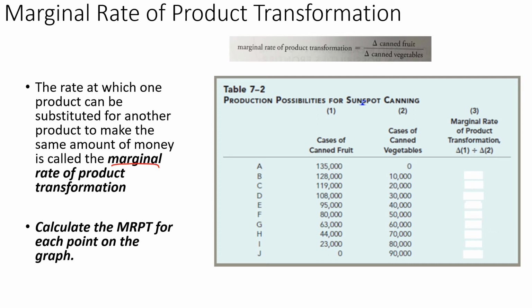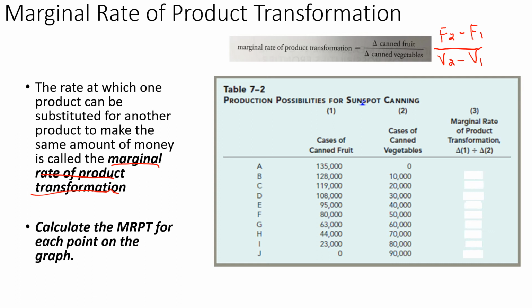So to calculate the marginal rate of product transformation, the equation is just the change in canned fruit divided by the change in canned vegetables. So we've done these change equations a lot, but the change in canned fruit would just be fruit production 2 minus fruit production 1, divided by vegetable production 2 minus vegetable production 1.